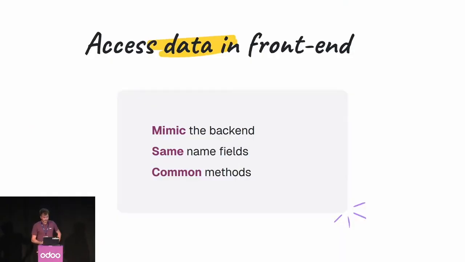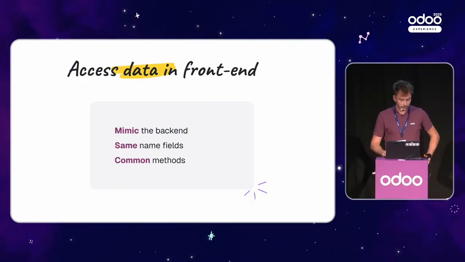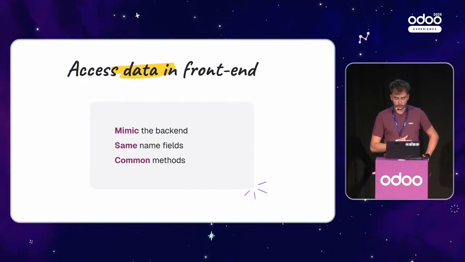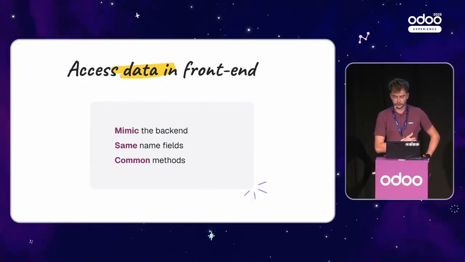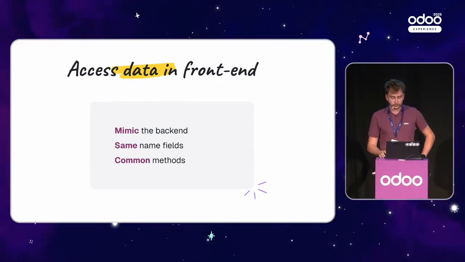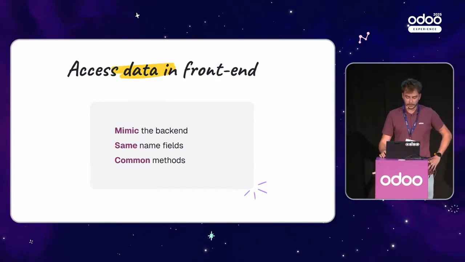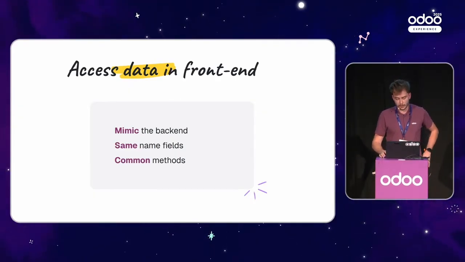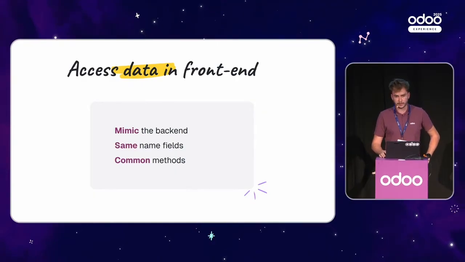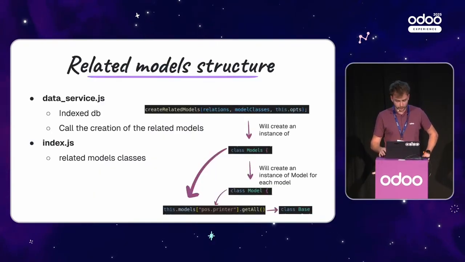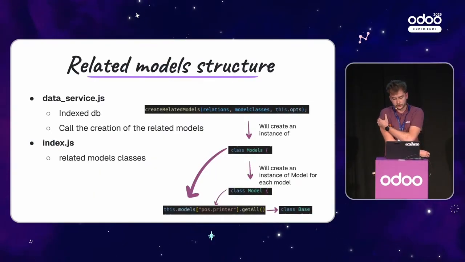So the main point of related models is how do we access the data in the front end. What we try to do is mimic the backend with the same field names and common methods. How is it structured?